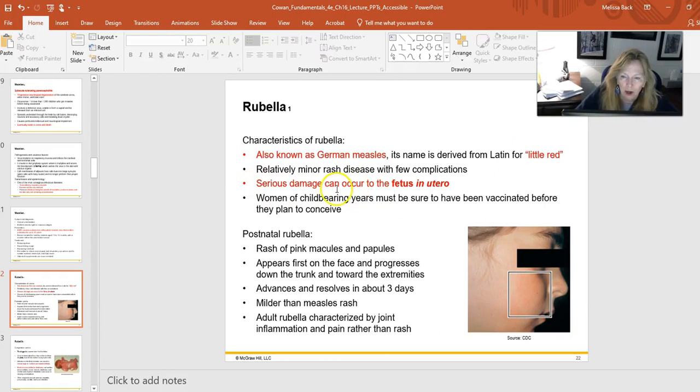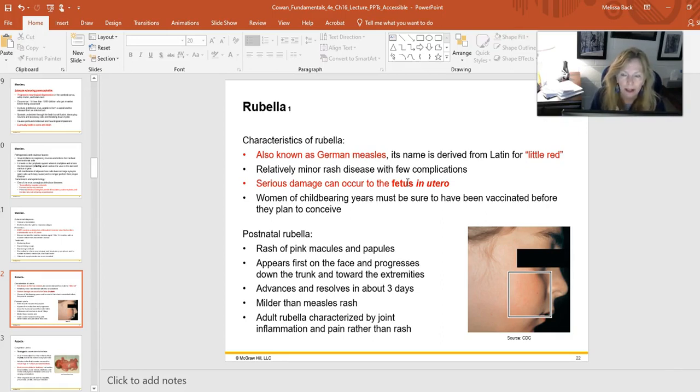It can cause serious damage in a fetus. So if a woman has never had the vaccine for rubella, the MMR, measles, mumps, and rubella, or has never had natural immunity to this, then it is highly recommended that she get immunized before deciding to become pregnant.